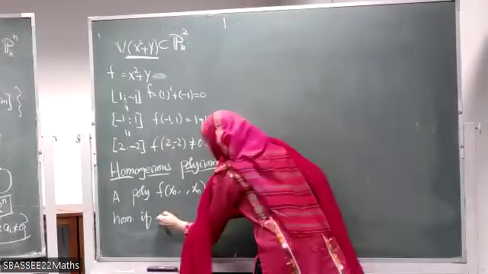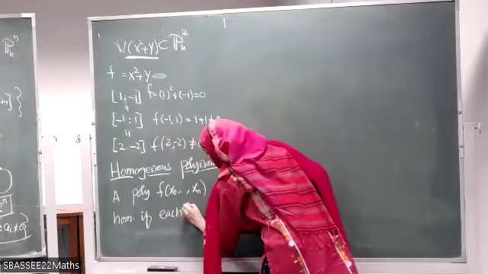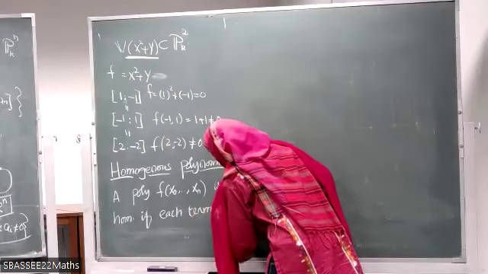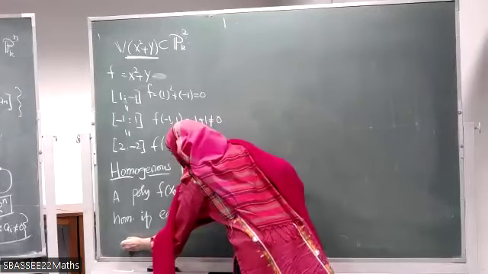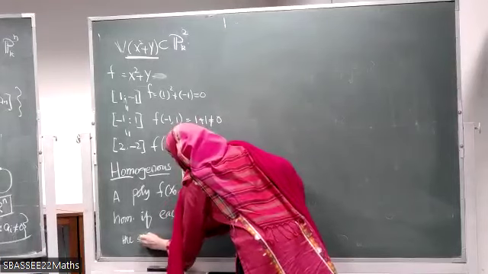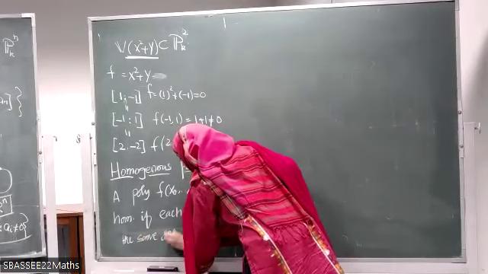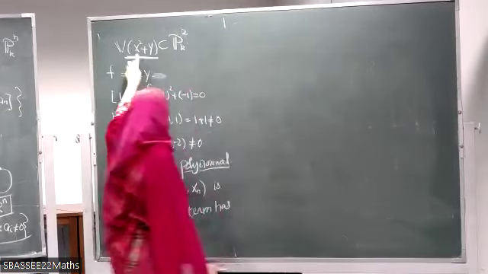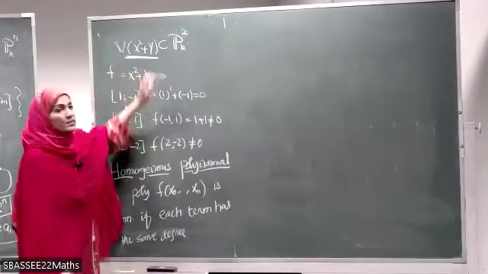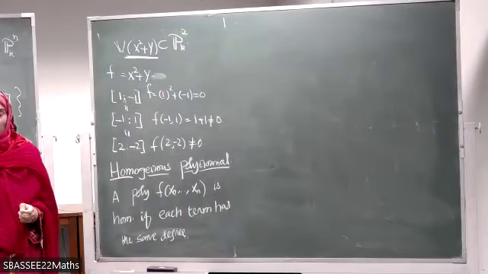Agree? If each term has the same degree. And here you can see that this term has degree 2, this term has degree 1. So that is the problem.